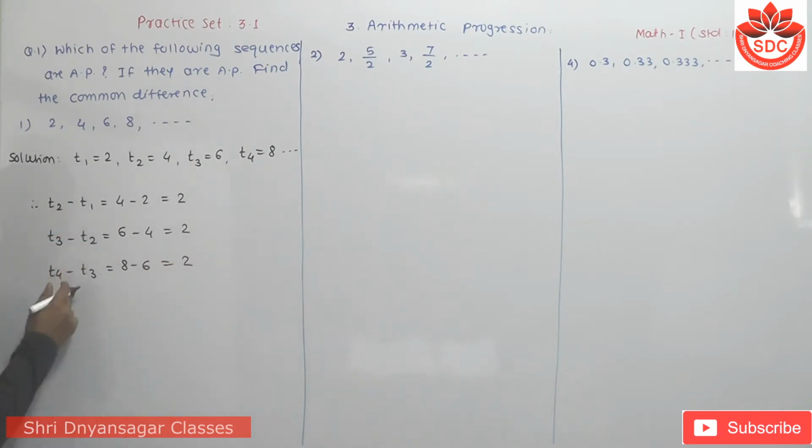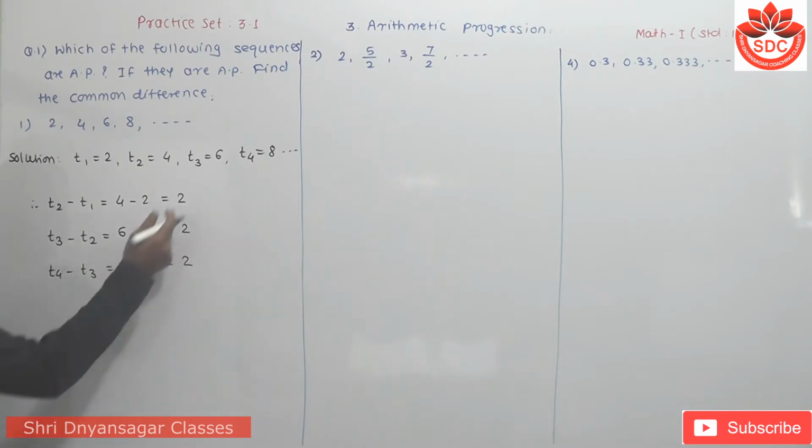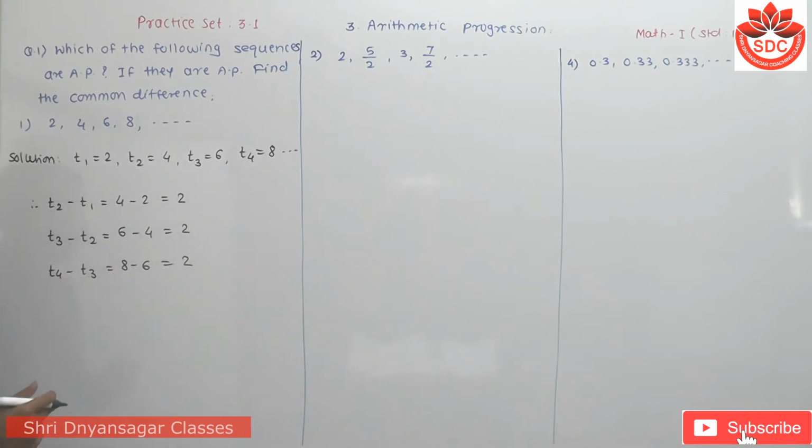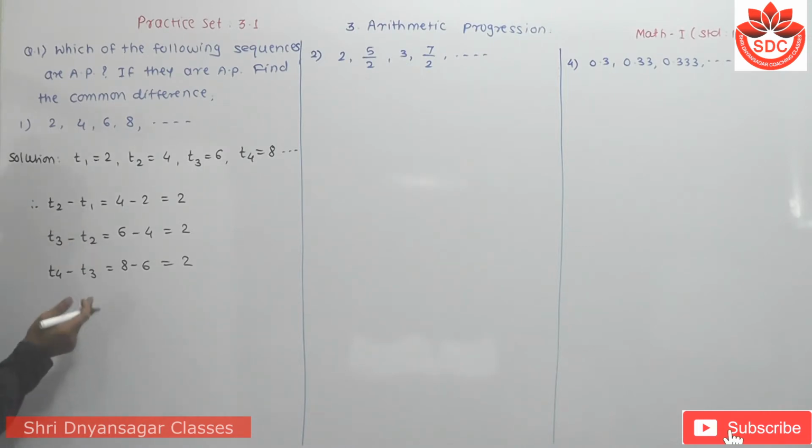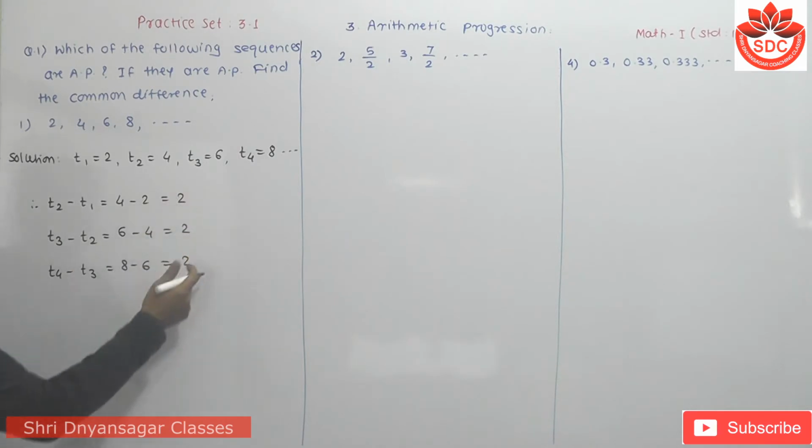When we look carefully, the difference between any two consecutive terms is constant, so the given sequence is an AP. The common difference is the difference between any two terms, t2 minus t1, which is also d, so d is 2.